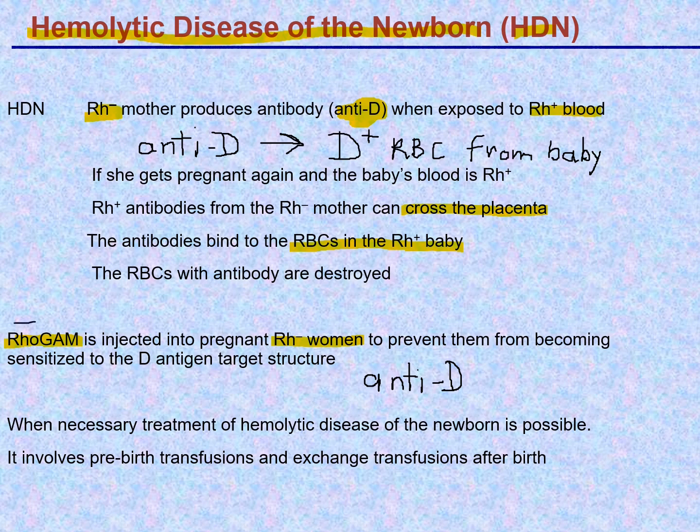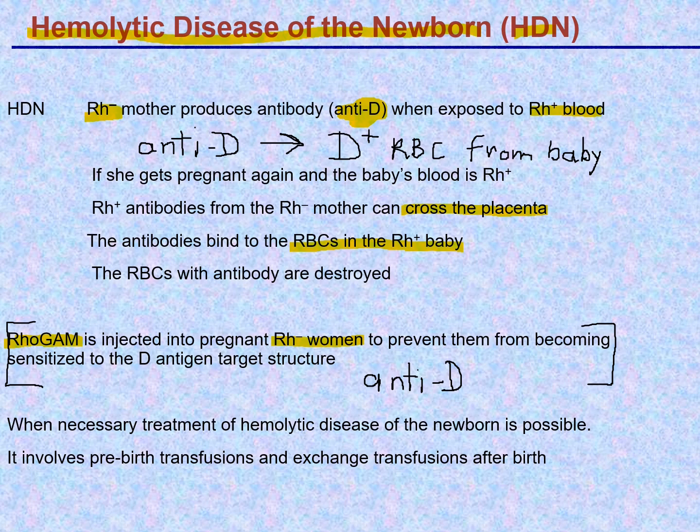So this has prevented, for most cases, usually has prevented all cases of hemolytic disease of the newborn, because an Rh negative, big D negative female who's pregnant will receive this antibody, in fact, before the end of their pregnancy, because sometimes there is baby's blood getting across into the mother before delivery.